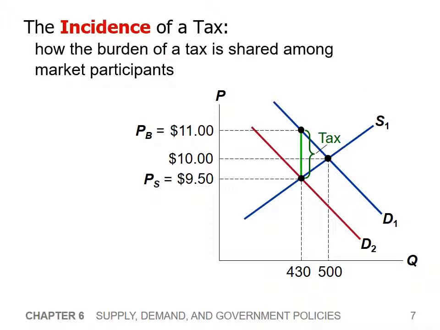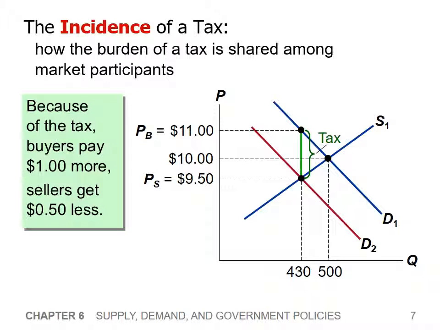The incidence of a tax is the study of how the burden of a tax is shared by the various market participants. In this particular example, buyers are paying $11 after tax, while they were paying $10 before tax.